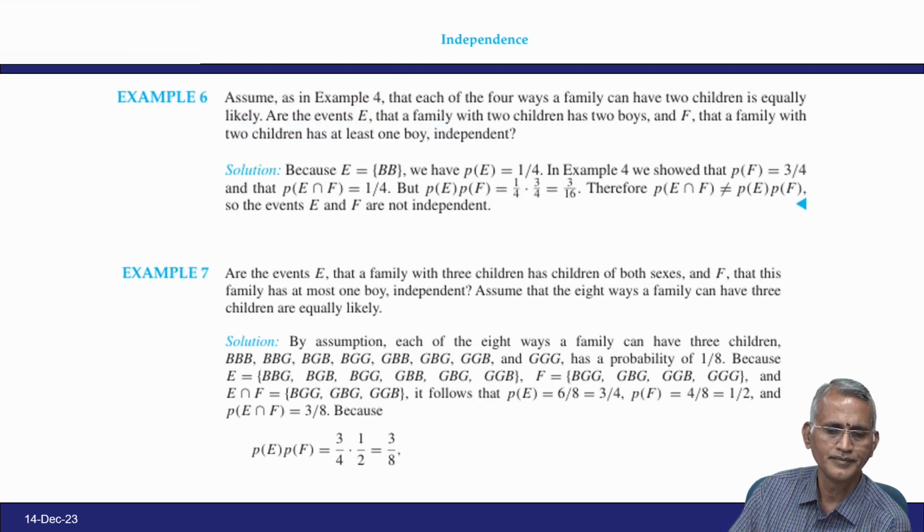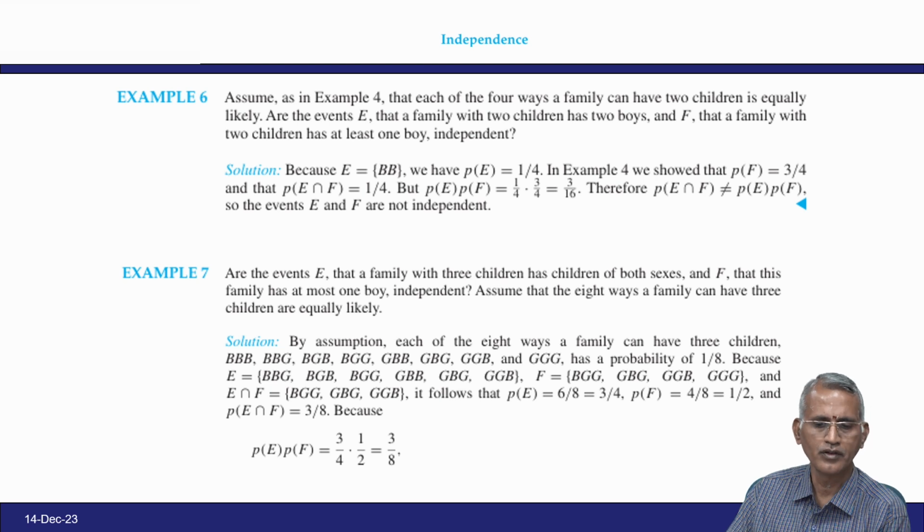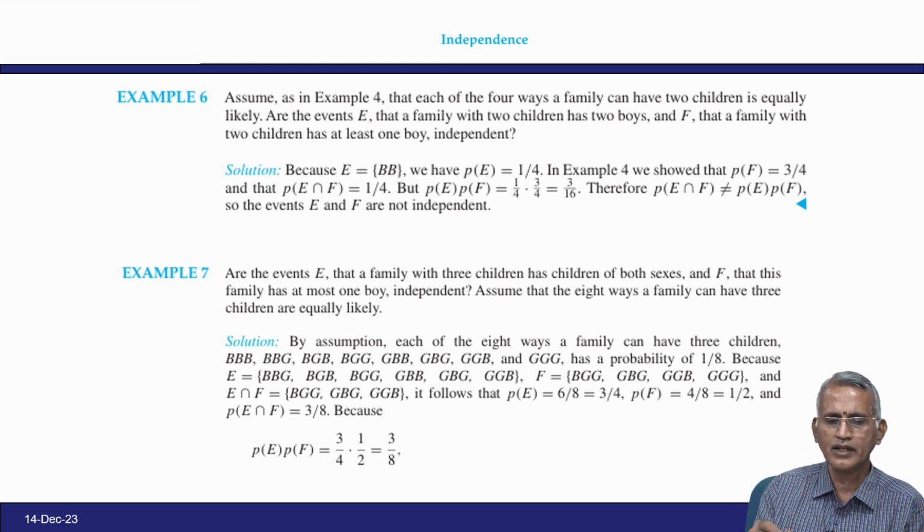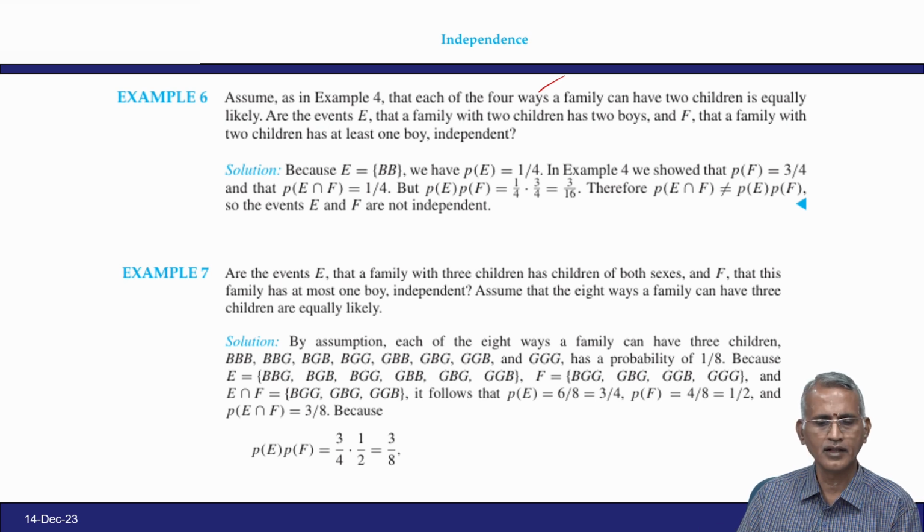Next example. Assume as in example 4 that each of the 4 ways a family can have 2 children is equally likely. Are the events E, that the family with 2 children has 2 boys, and F, that the family with 2 children has at least 1 boy, independent?